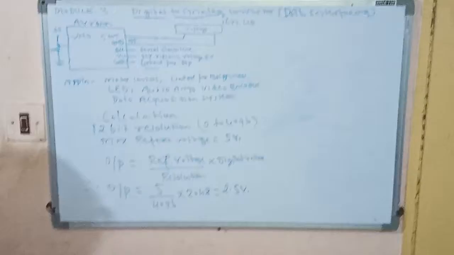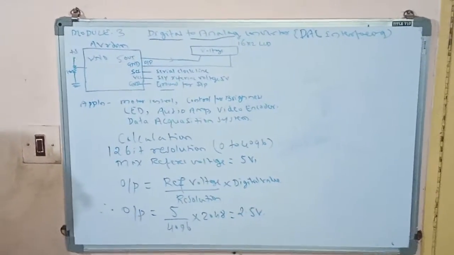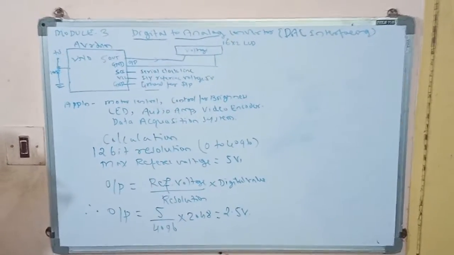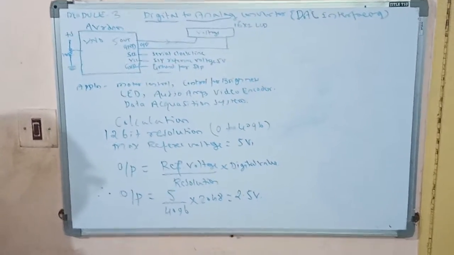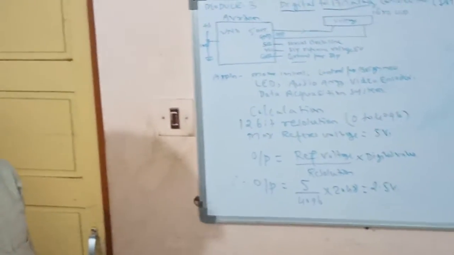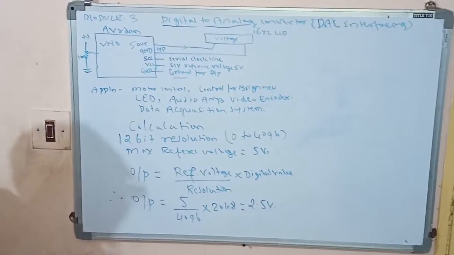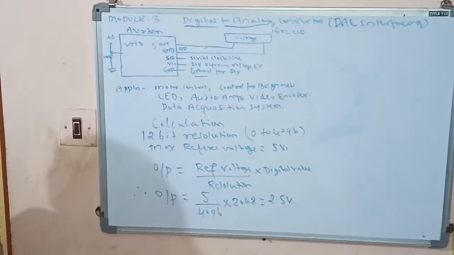So by using this digital to analog converter, what is the usefulness in real time applications? For example, there are so many control systems in embedded systems. By using these embedded systems, we can use it as a motor controller, AC or DC. You can control it through this embedded system. Control for brightness, LED display is there.